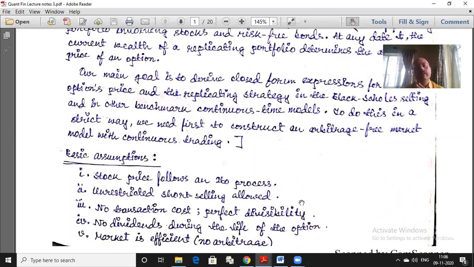So we want to do an unrestricted optimization. So we do not put any restriction on short selling. Of course, it's not realistic. Later on, for real life applications, we will have to put restrictions, but to get the simple model clear, we have to start from a very simplified scenario. We are also assuming that there are no transaction costs, because if there are transaction costs, then some of the profits get dissipated.